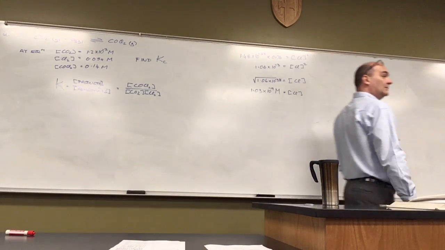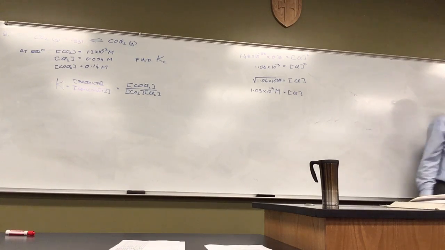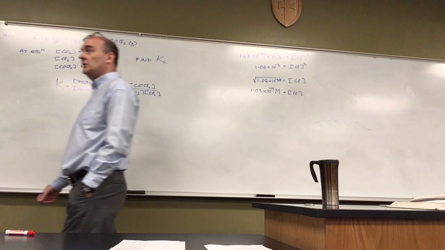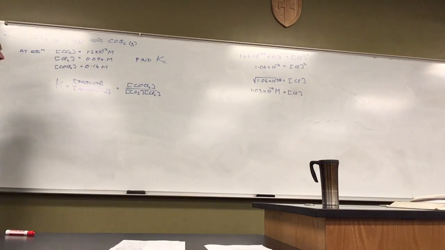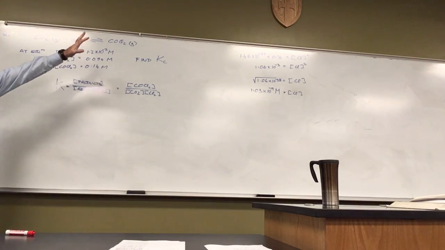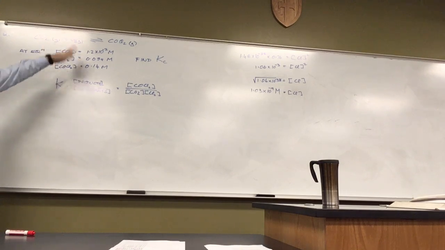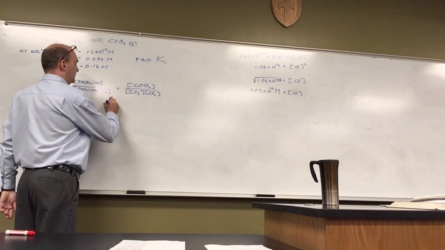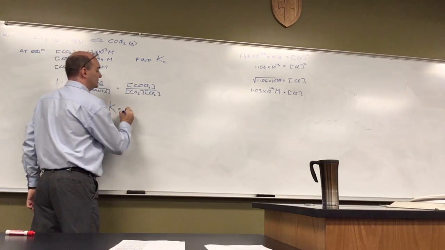Okay? And then just plug the numbers in, because there's no square terms here, there's nothing fancy. All the coefficients are 1, everything's raised to the power of 1, so you just put the numbers in the boxes.